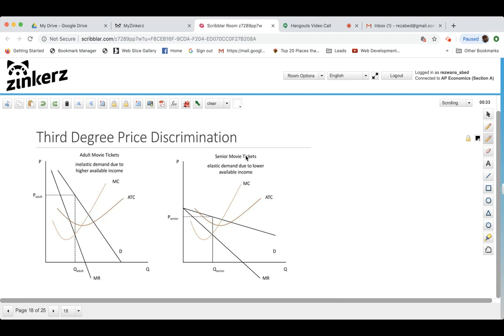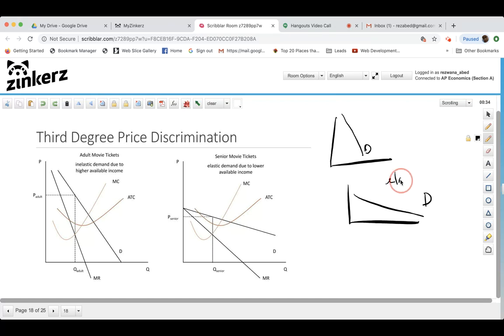Okay, that's fine. You don't have to remember the definition, but hopefully you remember that it has to do with how sensitive or responsive your demand is to price. Okay, so adults have a more inelastic demand for movie tickets because they have higher income. If you're more inelastic, your demand looks steeper, whereas if it's more elastic, your demand curve looks flatter.